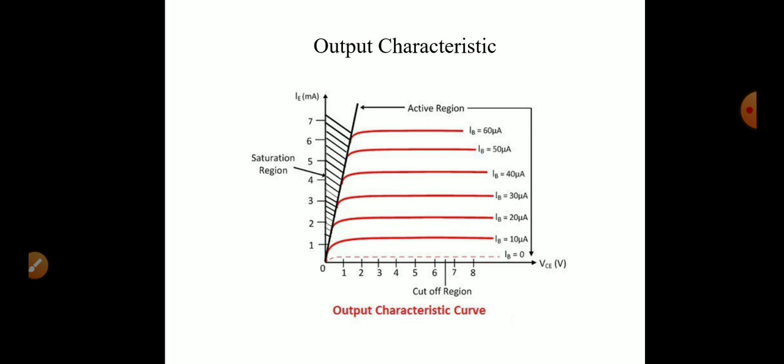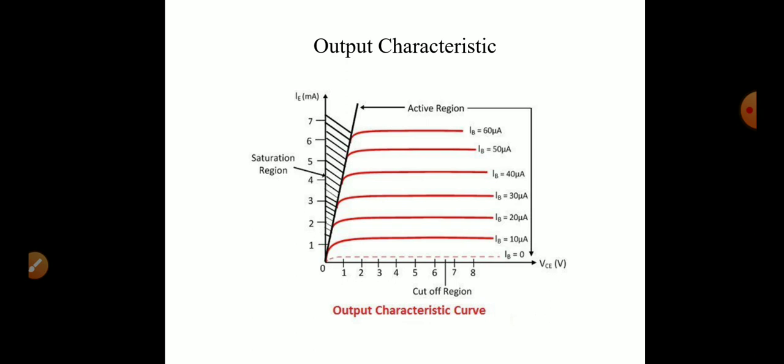And when we increase the input current, base current, from 10 microampere to 20 microampere, here also when VCE is less than 1 volt, the output current IE increases rapidly. This region is the saturation region, and when the collector emitter voltage increases beyond 1 volt, the output current increases very slowly, that means almost constant.